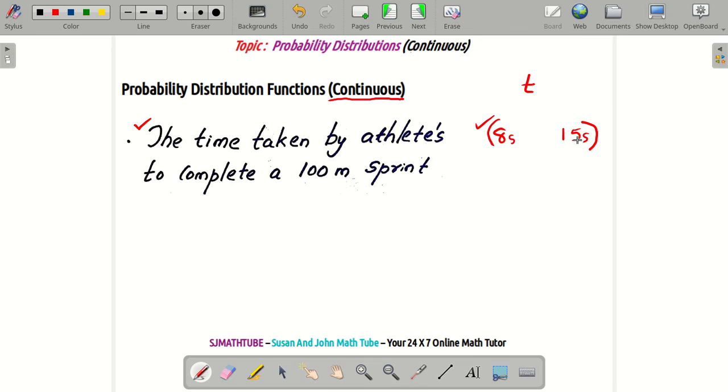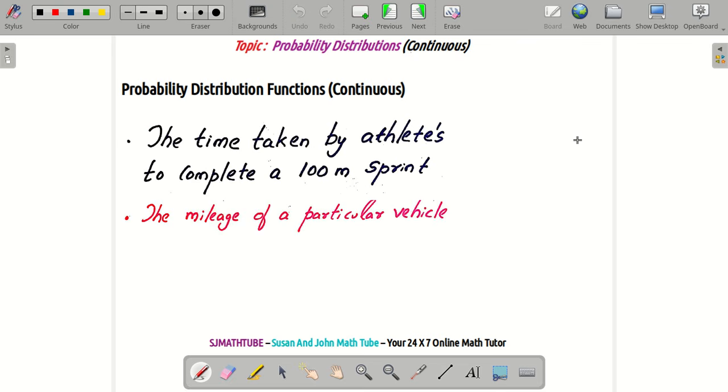Okay, I'll give you one more example where we use the continuous scale, that is the mileage of a particular vehicle. I'm sure most of you have vehicles, and now I want you to imagine how many kilometers you can travel in 1 liter of fuel. Is it a constant or does it keep on changing according to road conditions and driving conditions? Of course, it will change. You'll never get the same mileage, but I'm sure you'll be able to give me an interval.